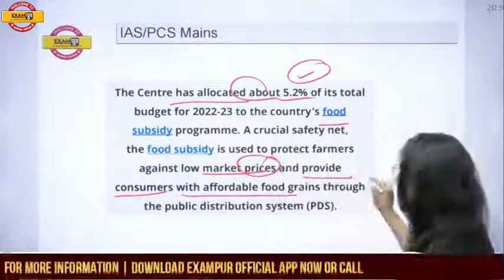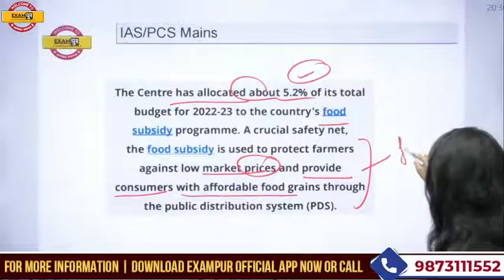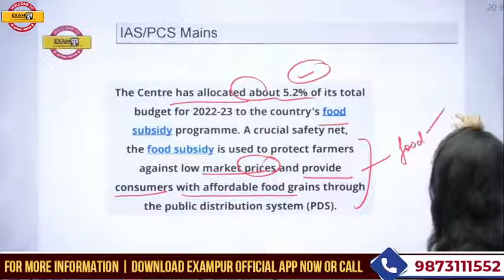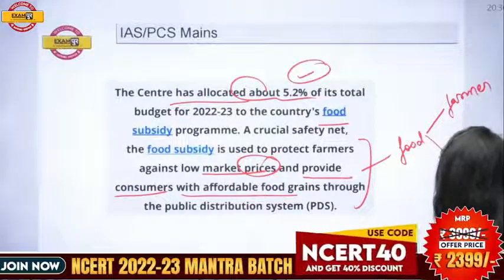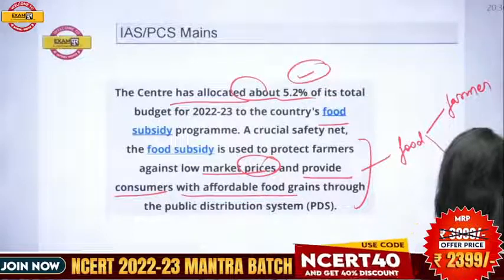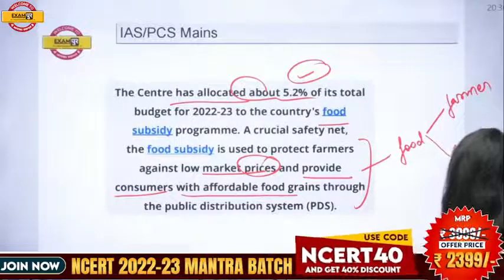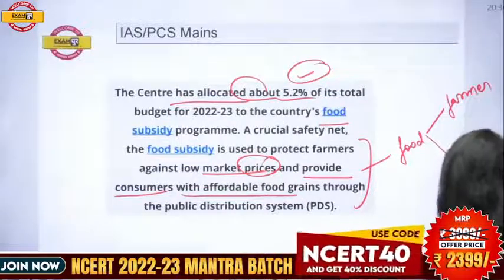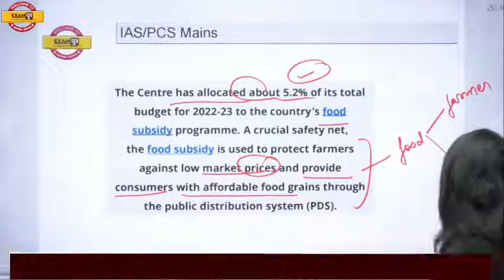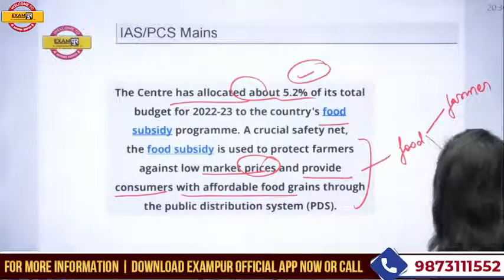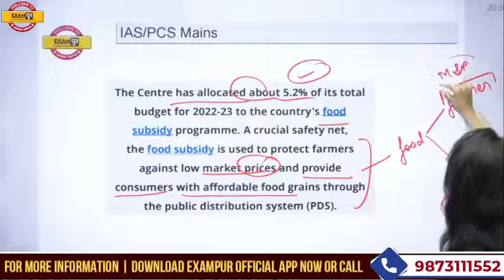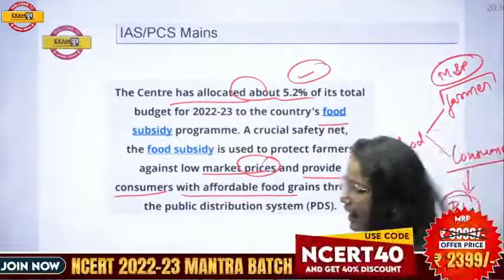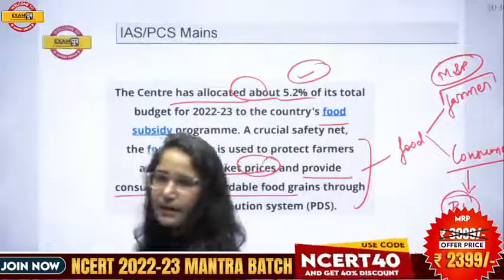So these two categories come under food subsidies: the farmers on one side, and the consumers on the other. Consumers get access to food grains at lower prices, and farmers get access to MSP, which is more than the prevailing prices available in the market.